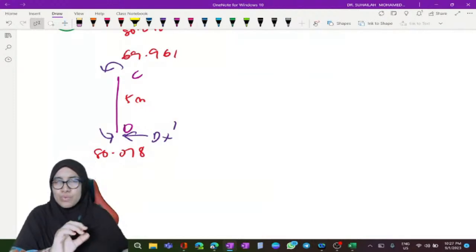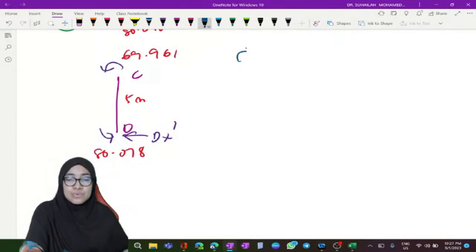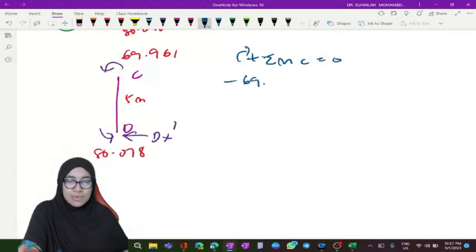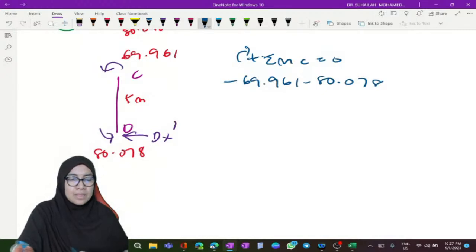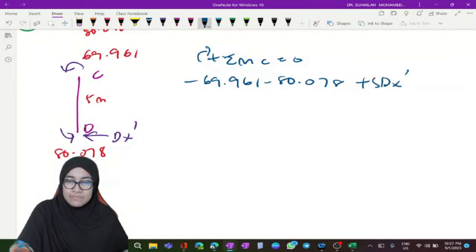Since we want to calculate the x prime value, we have to take moment at C, which is equal to 0. So what we get is negative 69.961, minus 80.078. Now we have positive plus dx prime. It is 5 dx prime is equal to 0.